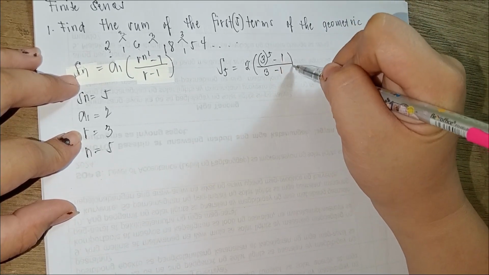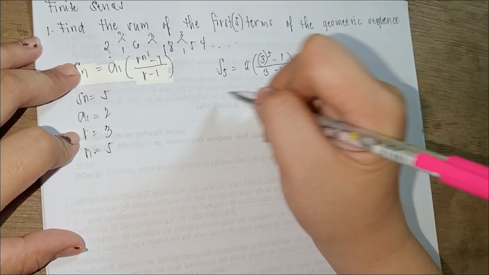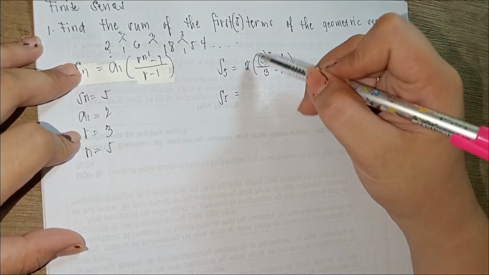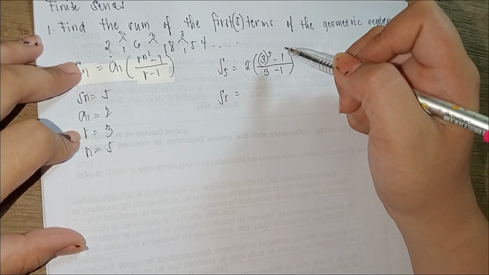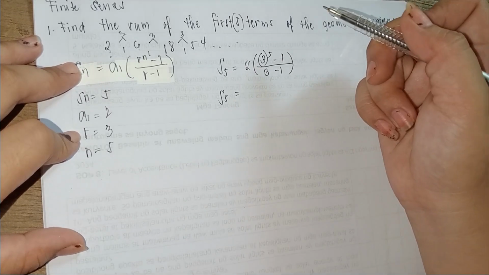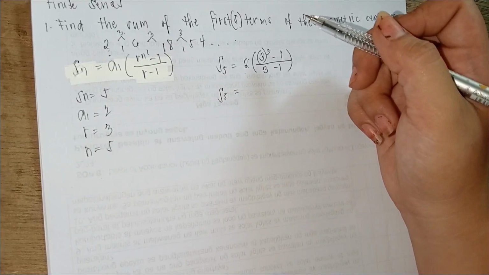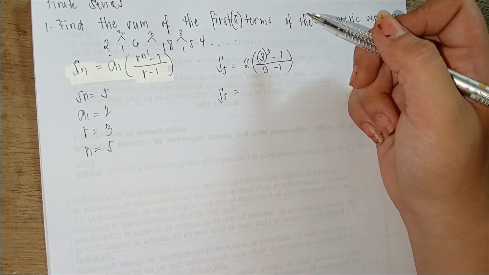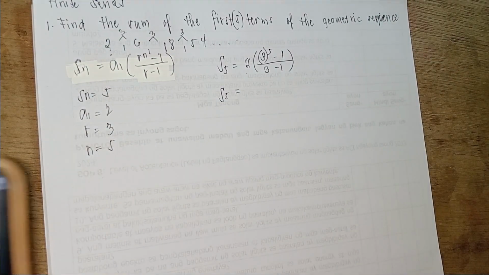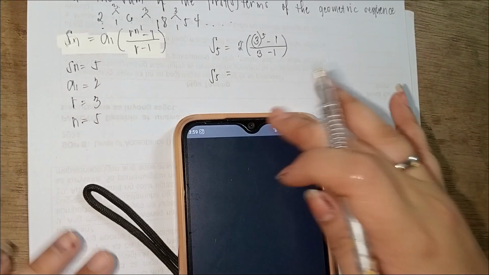So we have here S5 equals 2. Parentheses, PEMDAS, right? So P is for parentheses. We have first 3 raised to 5. So kung i-calculate natin ito, we'll get first the calculator. So we have here our calculator. So it's loading.